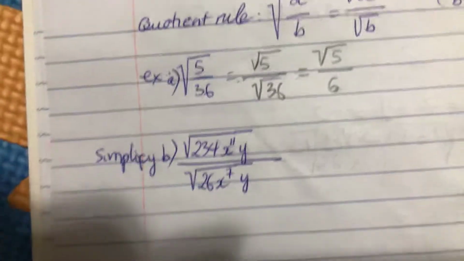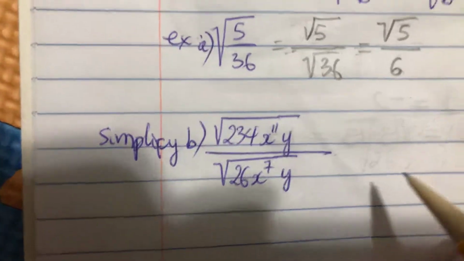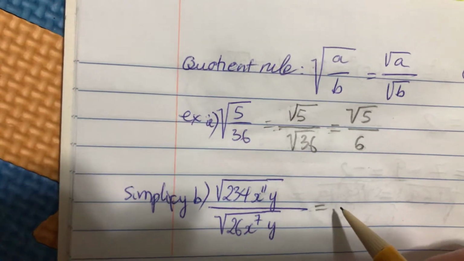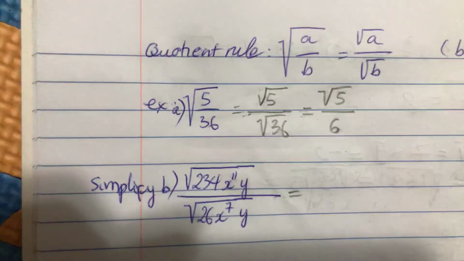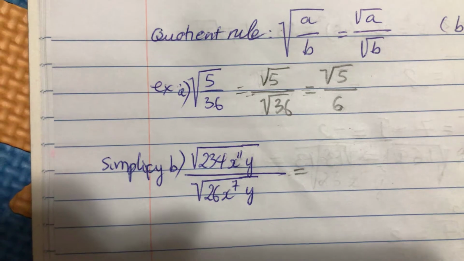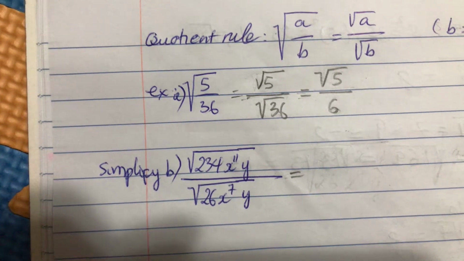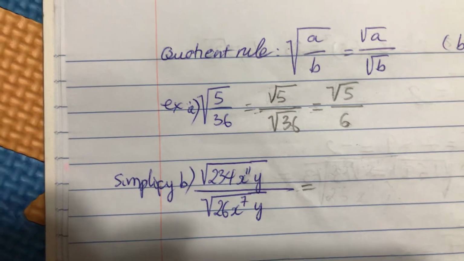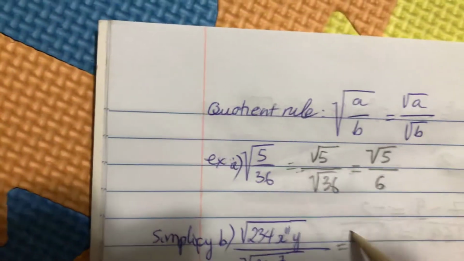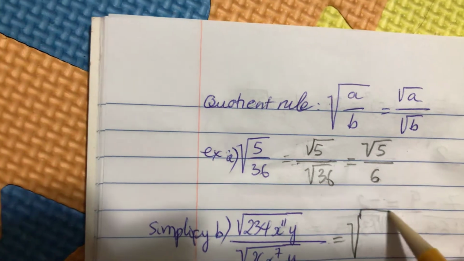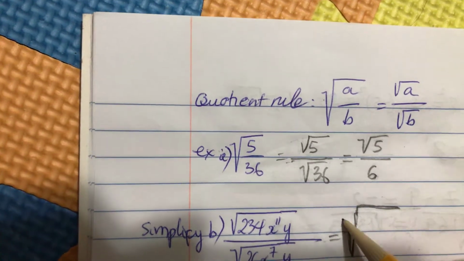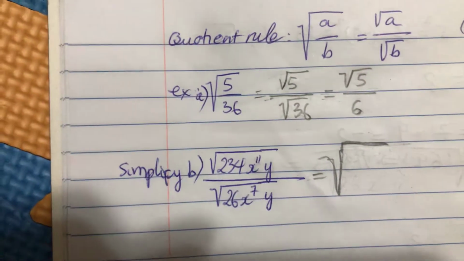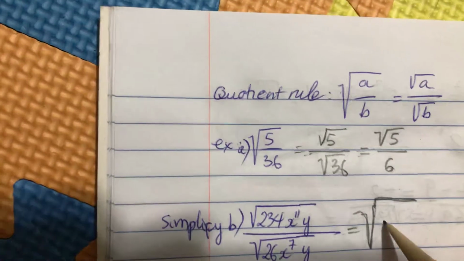So come to problem B here. If you see something like this, I prefer to rewrite it as the big square root first. So I'm going to combine this, so both top and bottom are under it. Let me show you why.